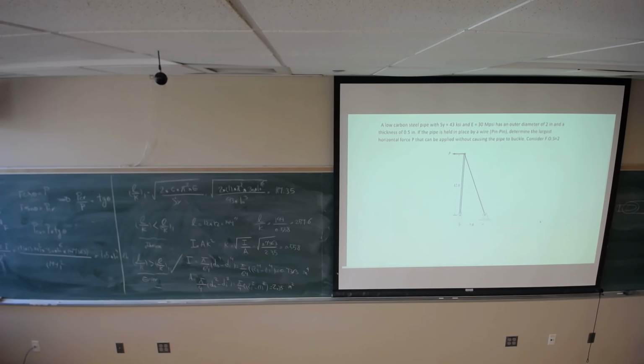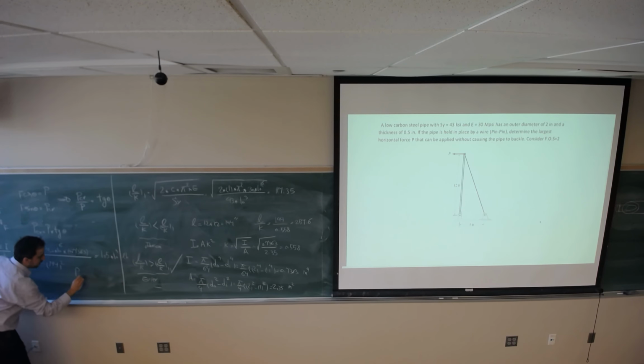So you are allowed to have 105 times 10 to the power 3, but the factor of safety is 2, so you are allowed to apply just half of this. See how we can apply the factor of safety.